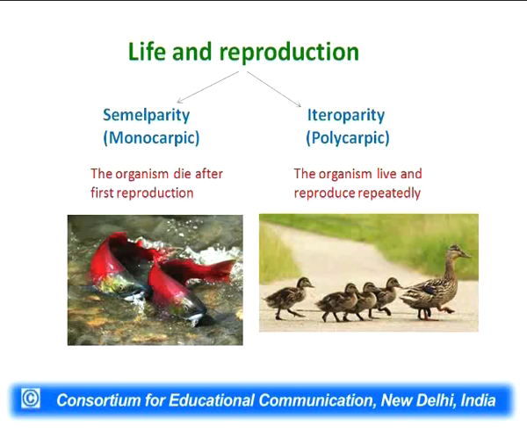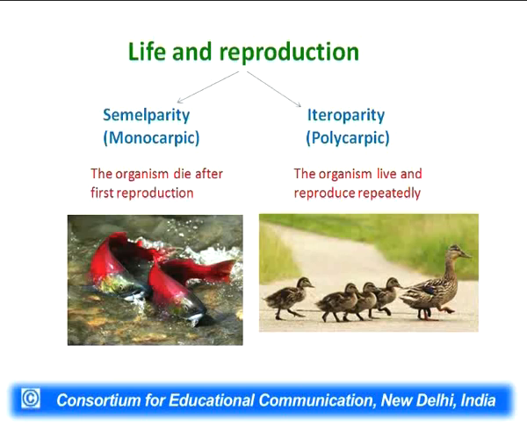Now, the main difference between semelparity and iteroparity is that in case of semelparity, the organisms put their entire energy or resources, whatever they have achieved over the growth, into reproduction.